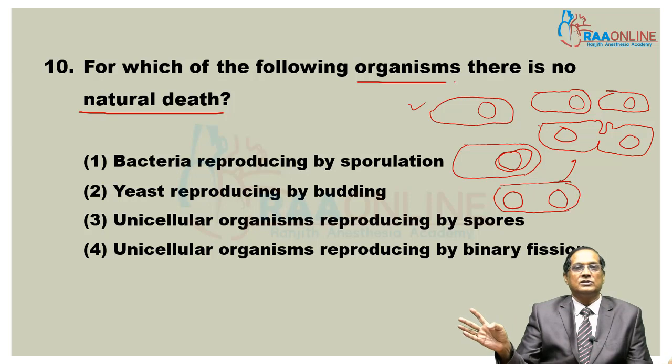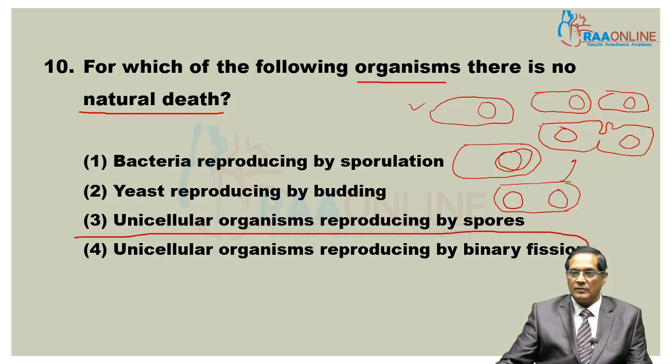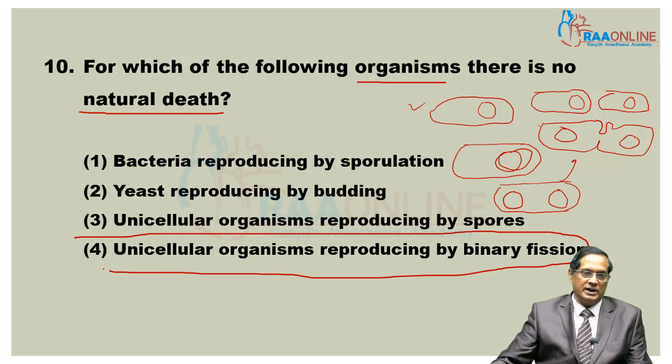So there is no natural death in bacteria-like organisms. So the answer for this question is unicelled organisms which divide by binary fission is the only correct option. Identity of the parental cell is lost, but it has not died.